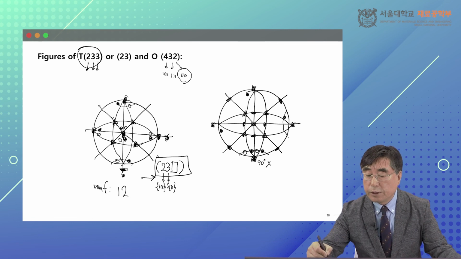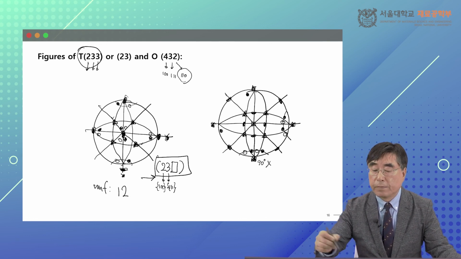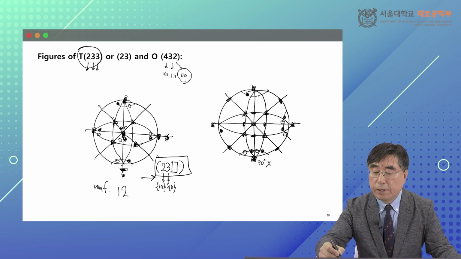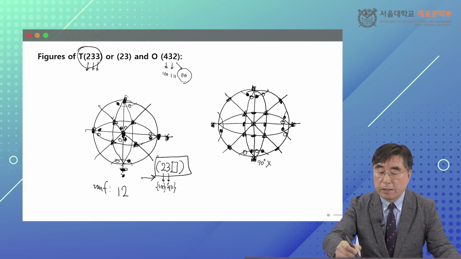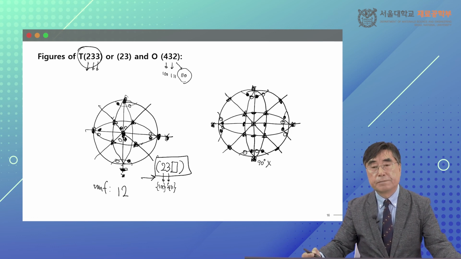And again this one generates an upper pole, and the down pole generates here. And this one is fourfold, again upper pole, down pole generates here. This one is upper pole, down pole generates here.